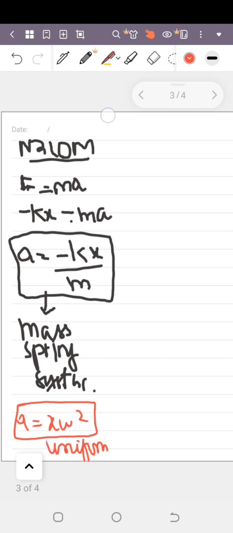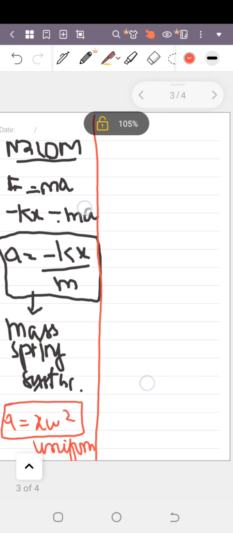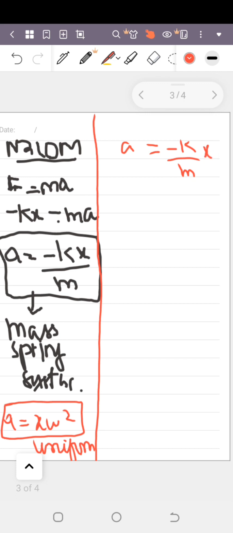Here we have the acceleration as minus k upon m into x. So remember, in the spring the mass will be constant. Any spring does not depend on mass. Whatever mass you take, it depends on the force, how much force is applied and how much it is displaced. So the mass is constant here, and k is the constant spring constant. So this means this whole term is constant.